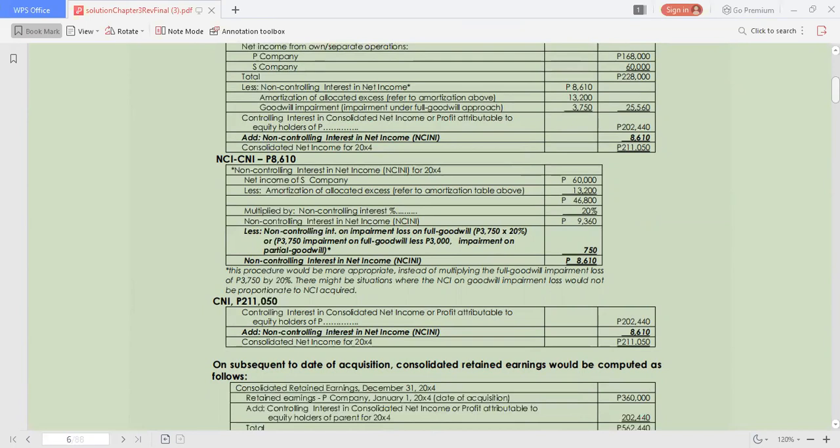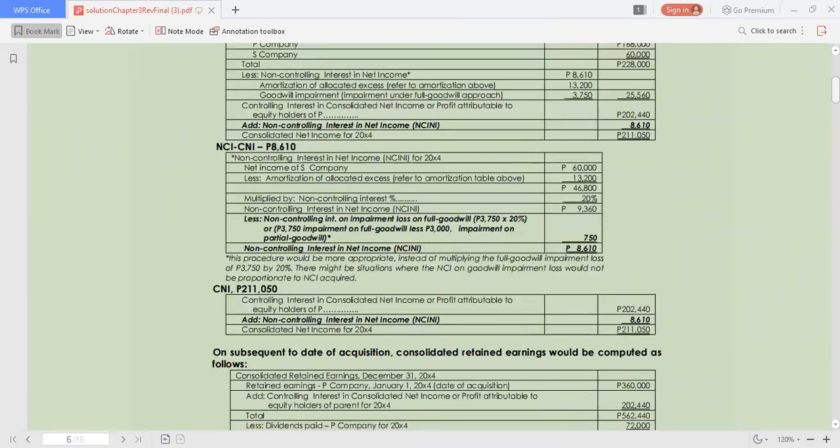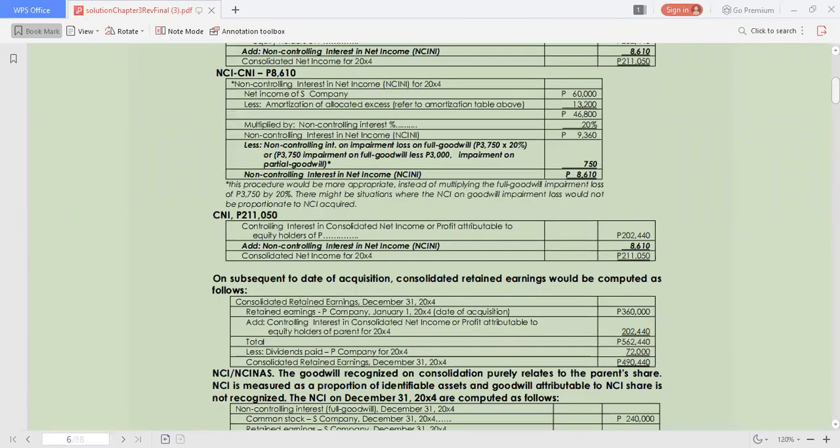So the non-controlling interest in net income is only 8,610. We add this to the controlling interest in consolidated net income or profit. We have the consolidated net income for 20x4.